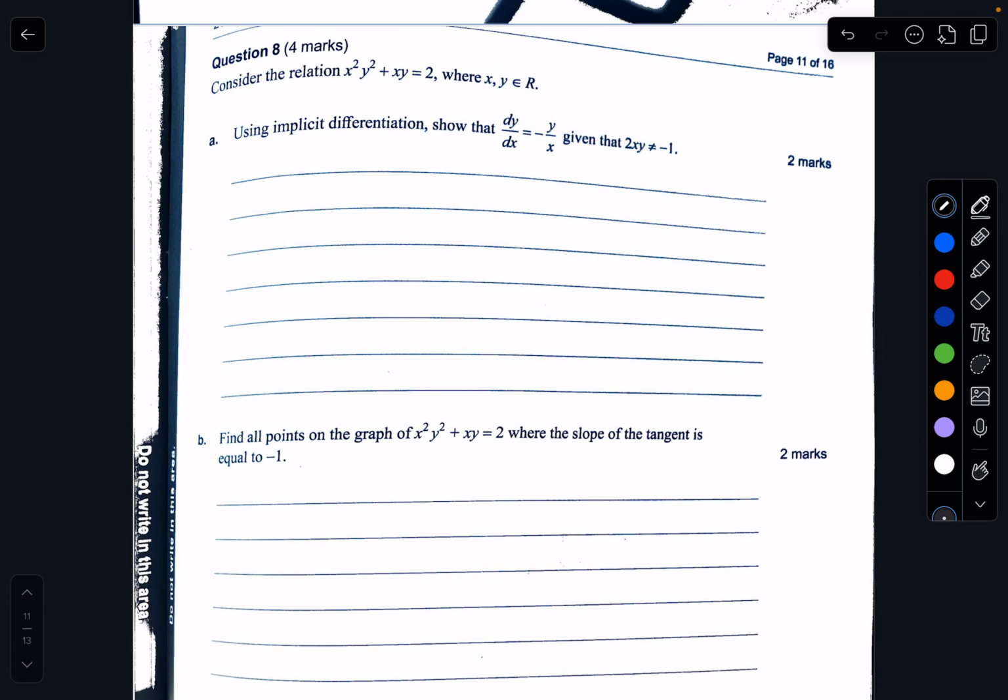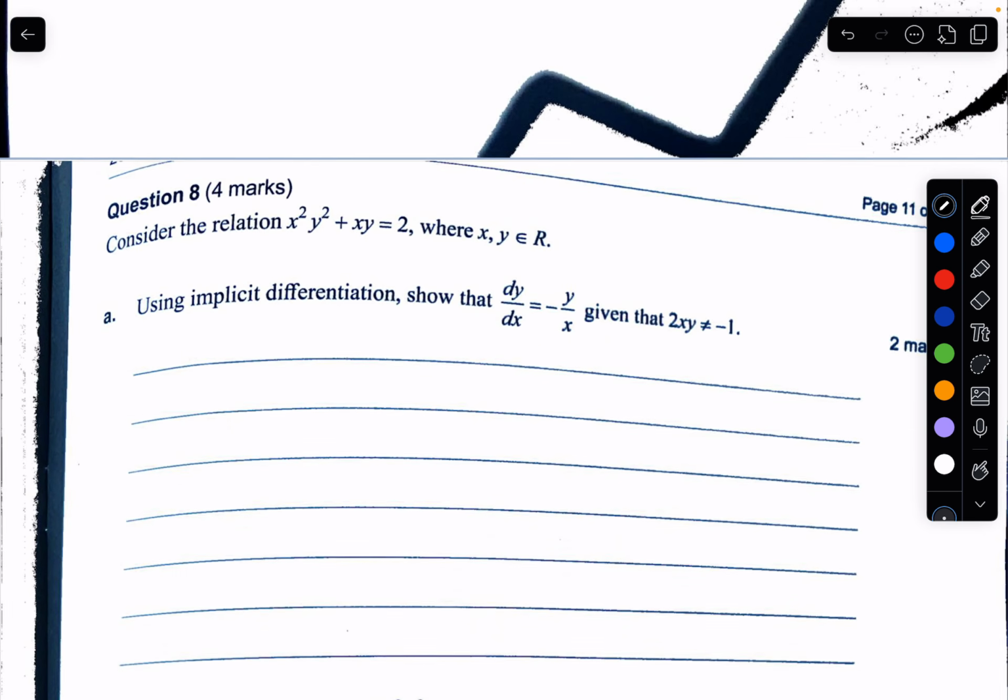Using implicit differentiation, show that dy/dx is equal to negative y over x, given that 2xy is not equal to negative 1.